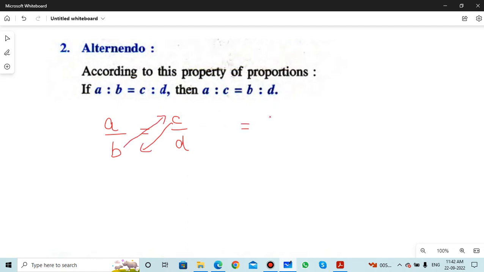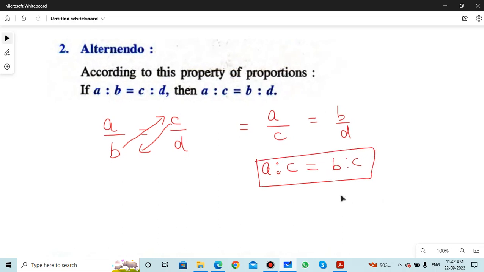So it will become A is to C is equal to B is to D. Had we not made the changes here, we altered it, so it's alternando. So you can write it as A is to C is equal to or proportional to B is to D. Simple.